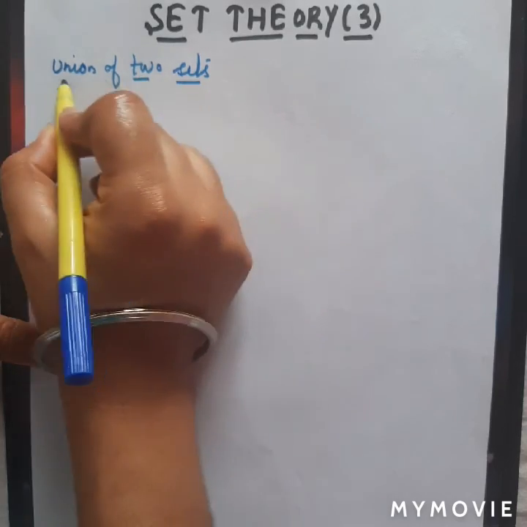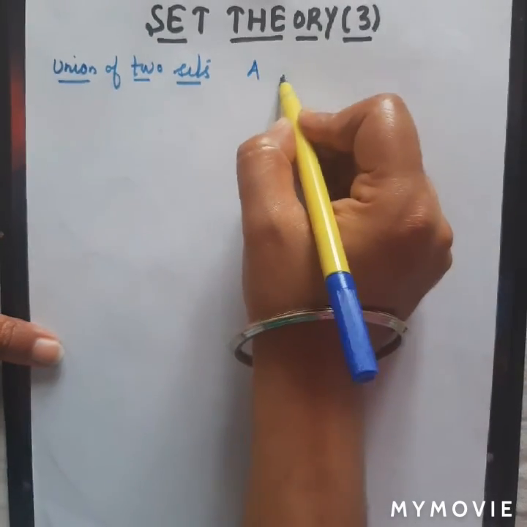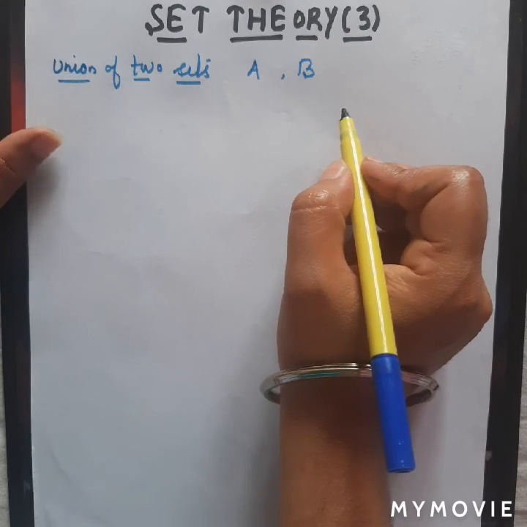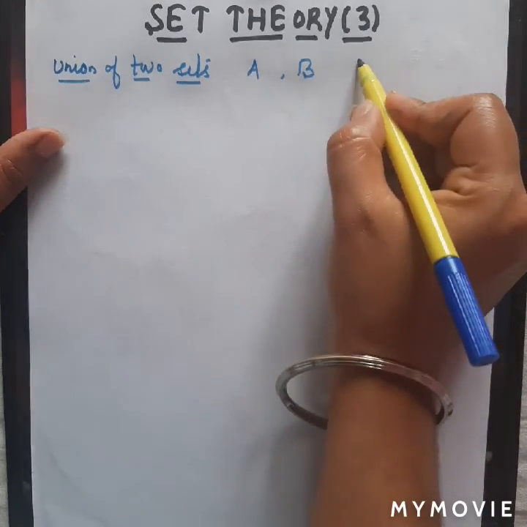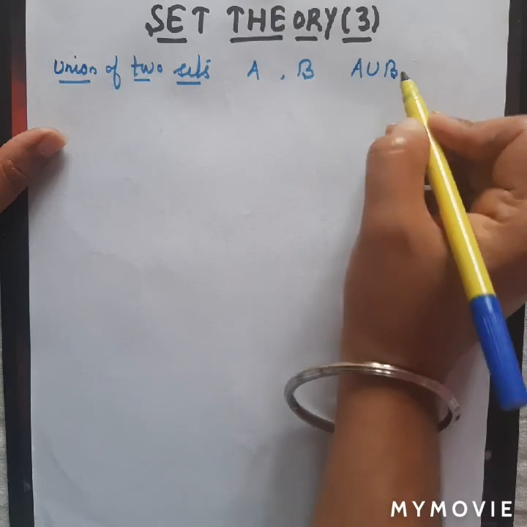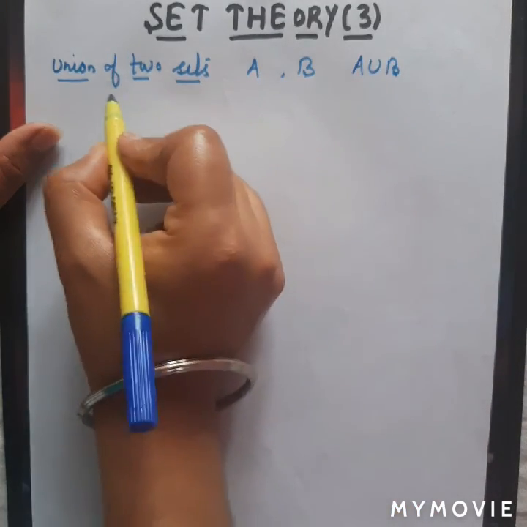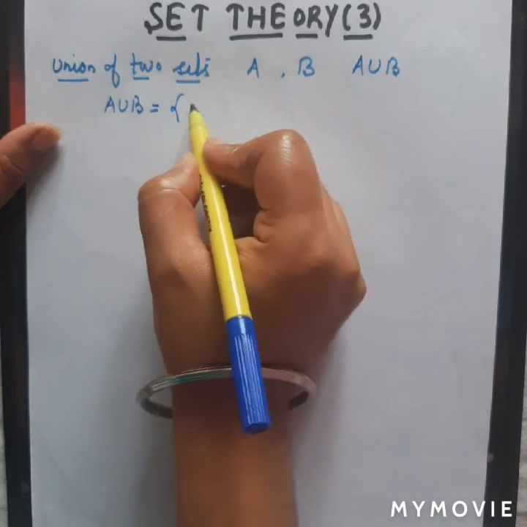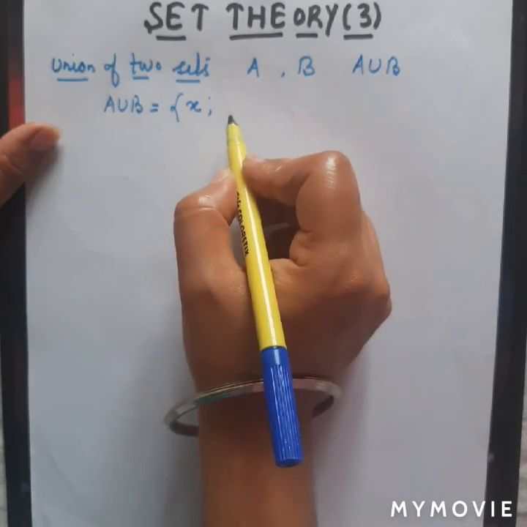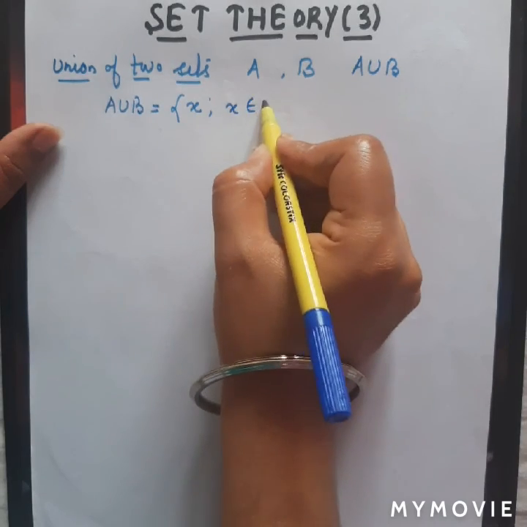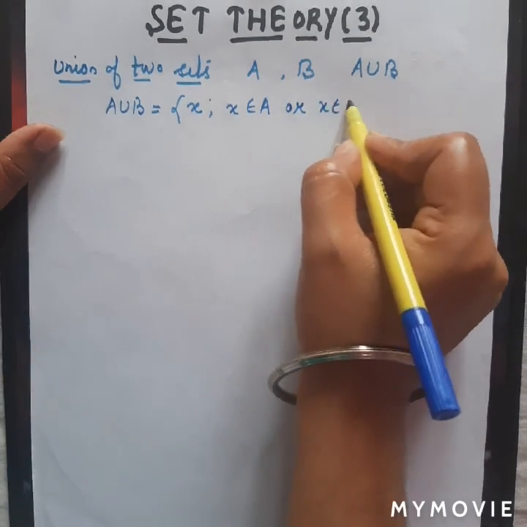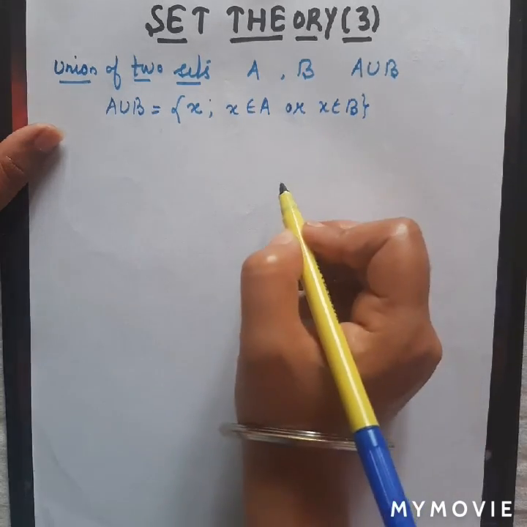Let we have two sets A and B, then the union of two sets will be denoted by A union B, and A union B will be defined as the collection of all the elements X such that X belongs to A or X belongs to B. Fine.